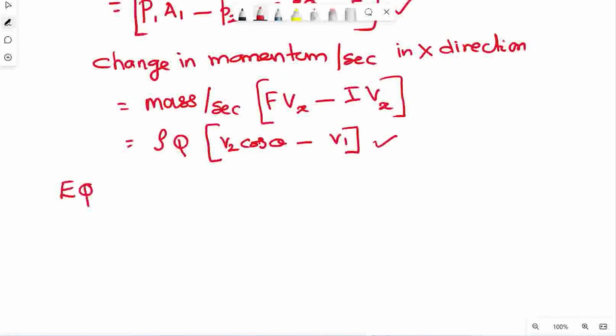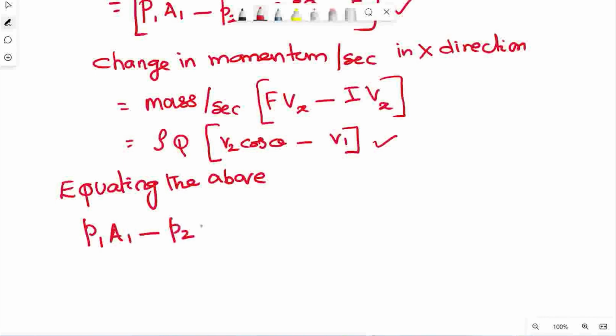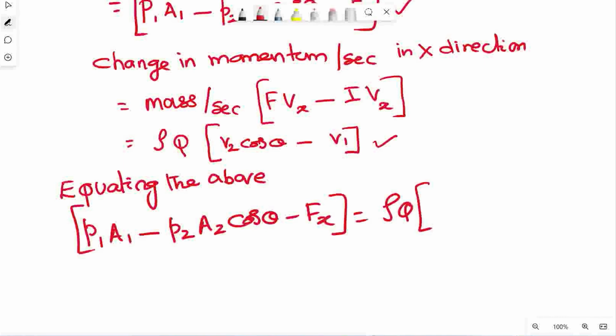Equating the above, if I equate it, it is P1 A1 minus P2 A2 cos theta minus Fx is equal to rho Q. Rho Q is nothing but mass flowing per second, times final velocity V2 cos theta minus V1.